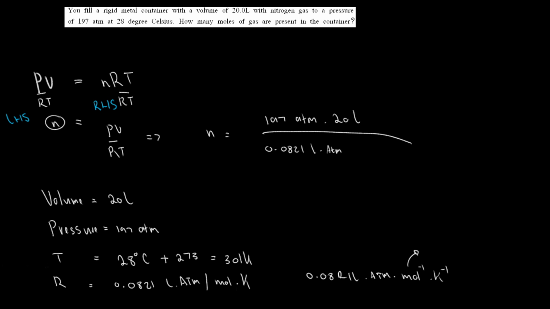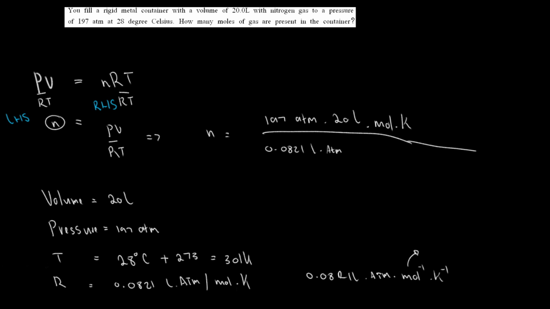So I have moles per Kelvin below the line, and I'm going to write this in the numerator to create positive exponents.